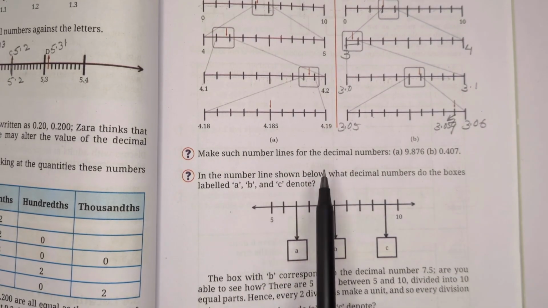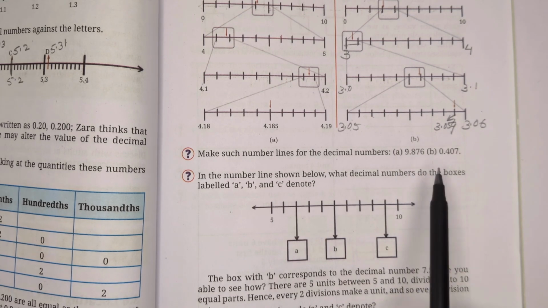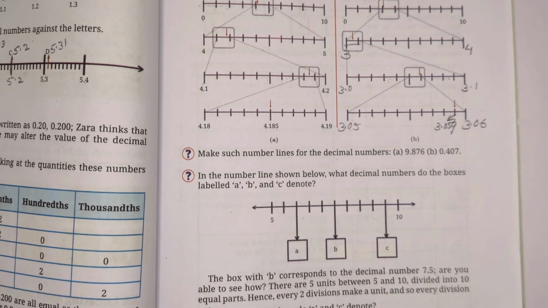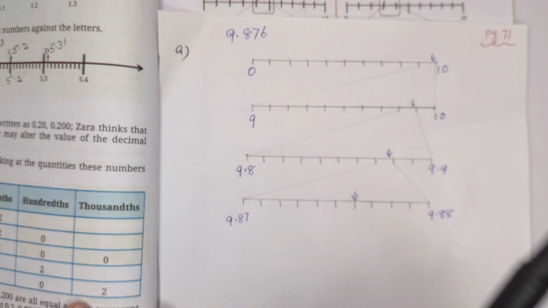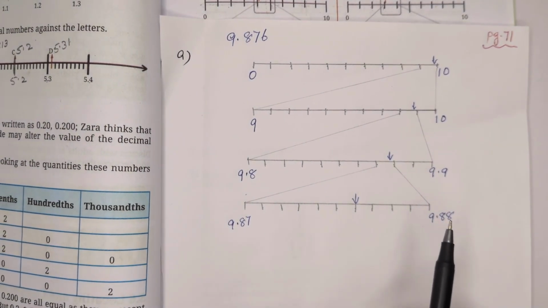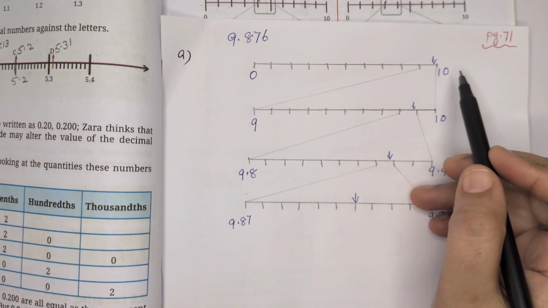Make such number lines for the decimal numbers 9.876 and 0.407. For that, first one 9.876. We can draw the number lines the same way. First one it is in between 0 and 10.